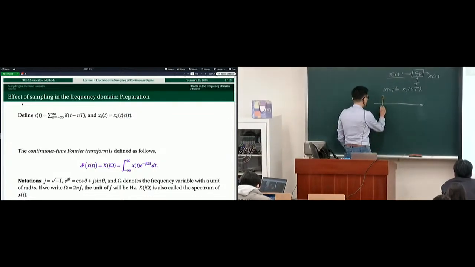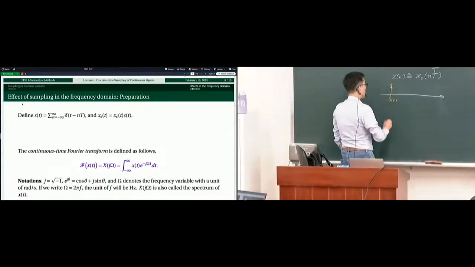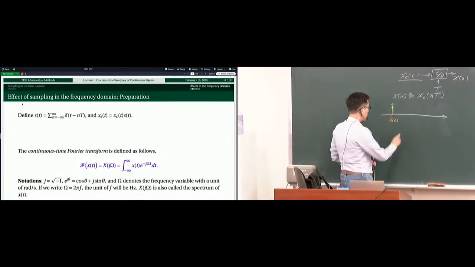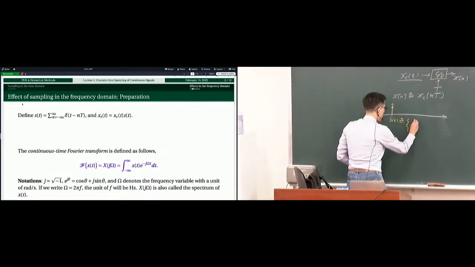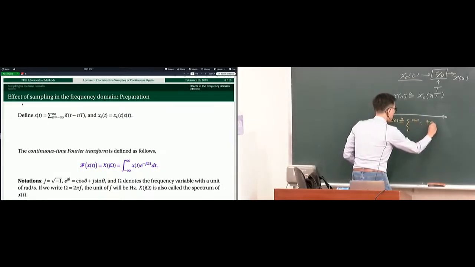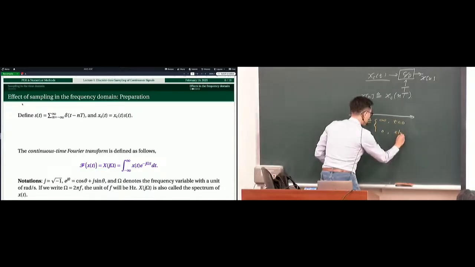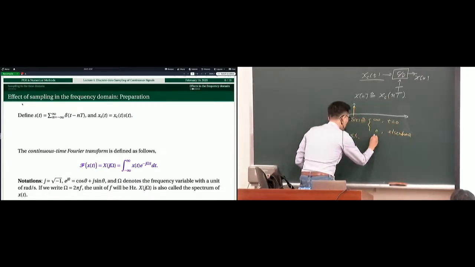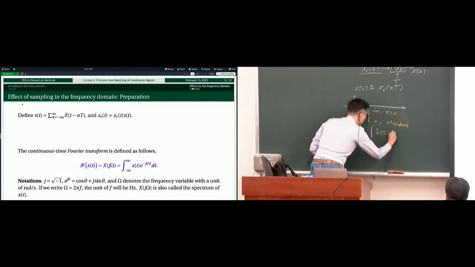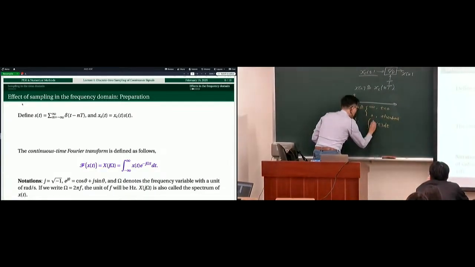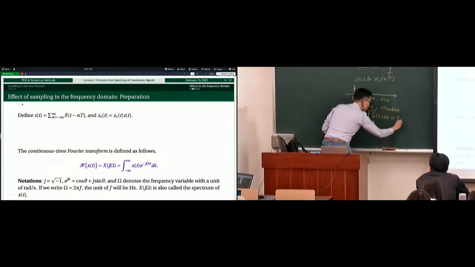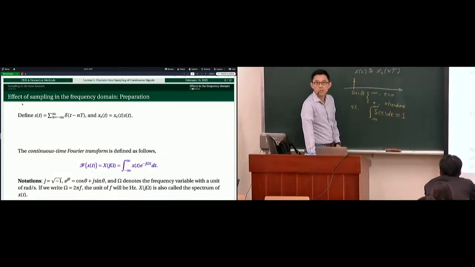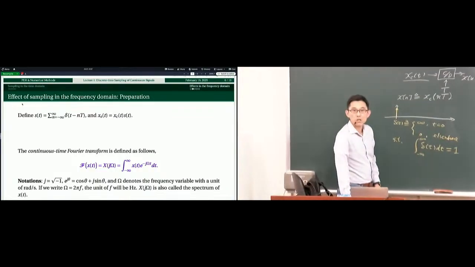This is delta of t, being infinity at time 0 and 0 elsewhere. Just to review, if you take the integral of delta of t with respect to time, you get unity. That is what delta of t represents. It's a generalized function.